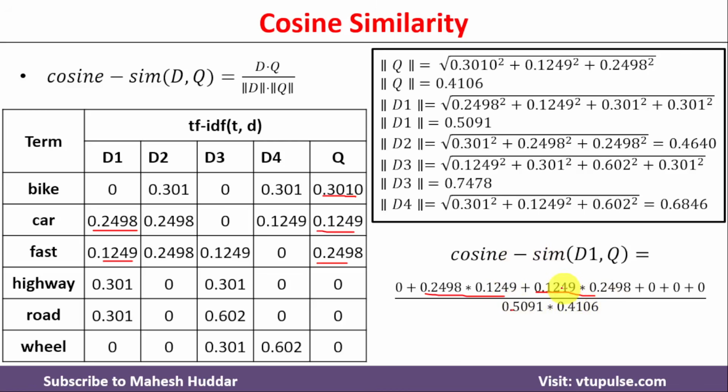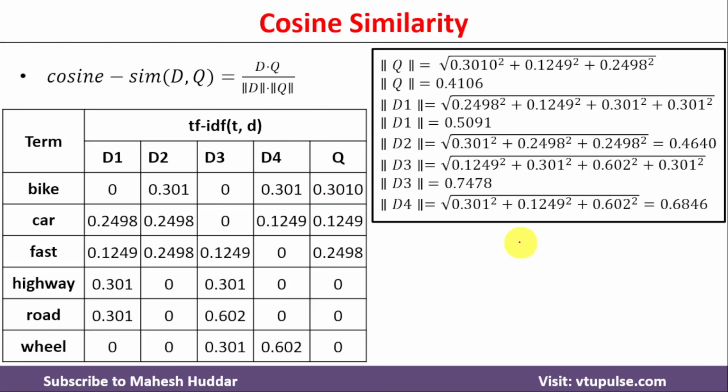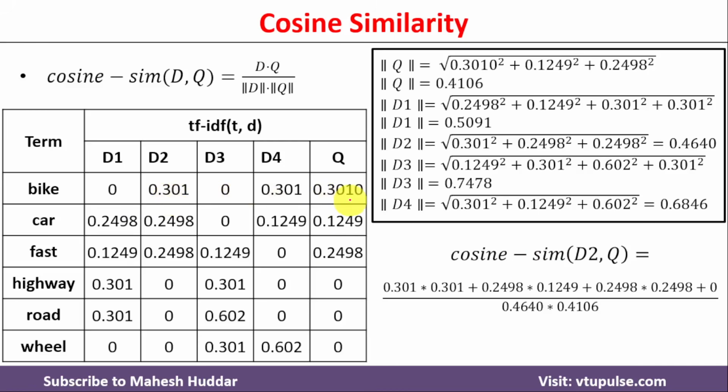Once you simplify this, we will get the cosine similarity of D1 comma q, which is equal to 0.2985.